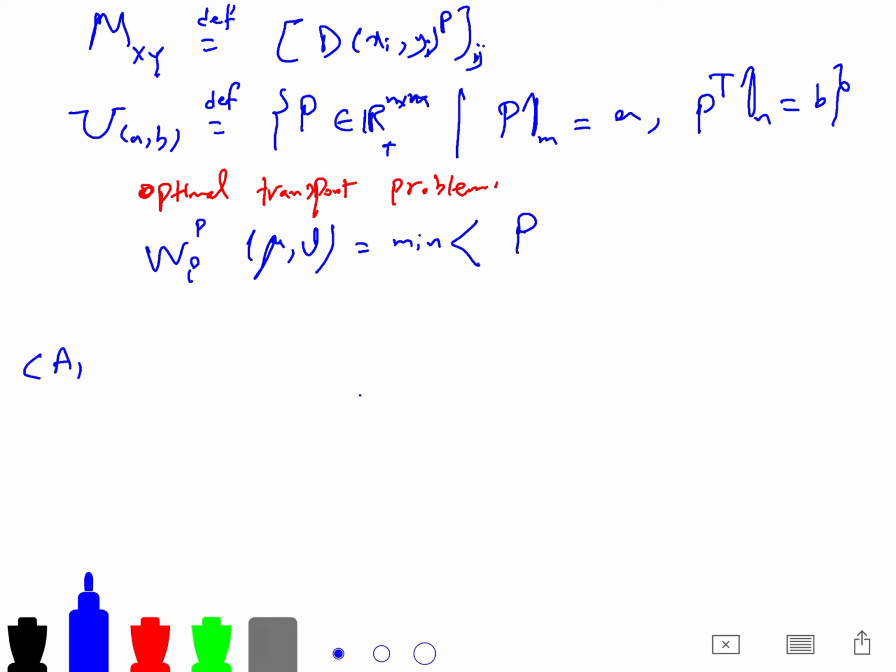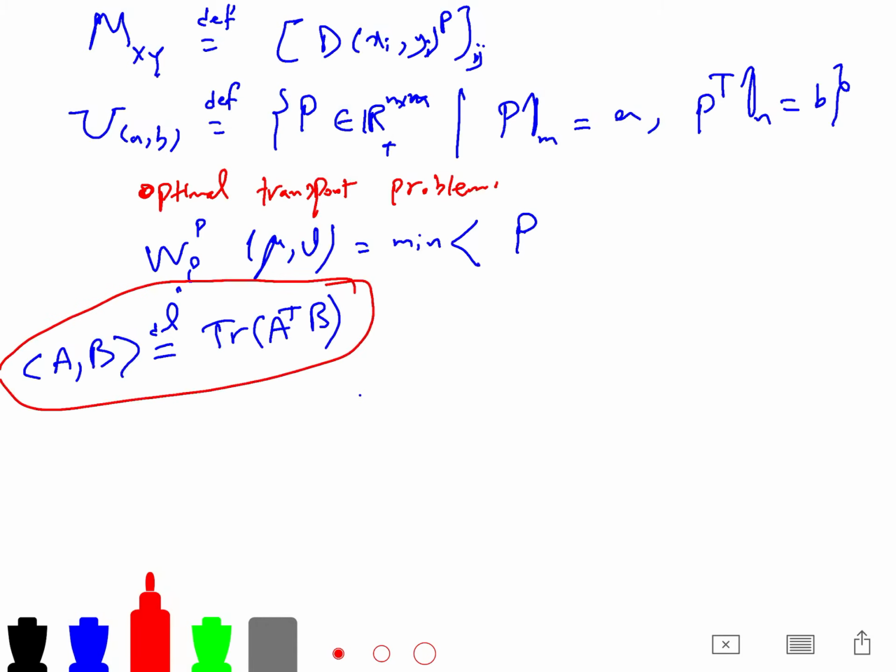You know, for matrices A and B, you can define the inner product by, for example, the trace of A transpose B. So this is how you define the inner product. And so you want to minimize over P and MXY.